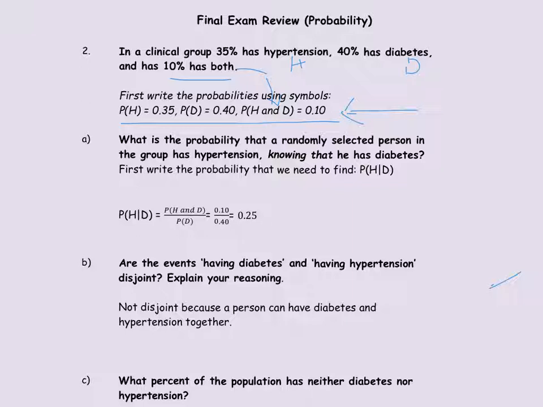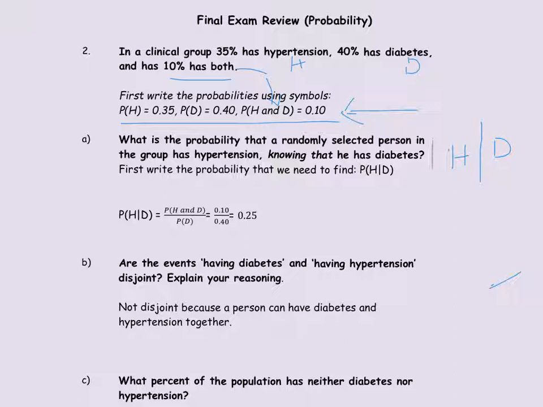So the first question says, what is the probability that a randomly selected person in the group has hypertension? So as I'm reading it, I'm taking notes: has hypertension, knowing that the symbol for knowing that is a vertical line. The person also has diabetes.